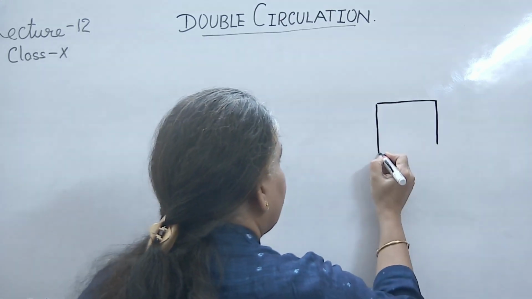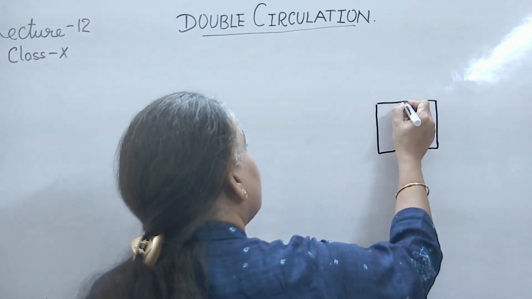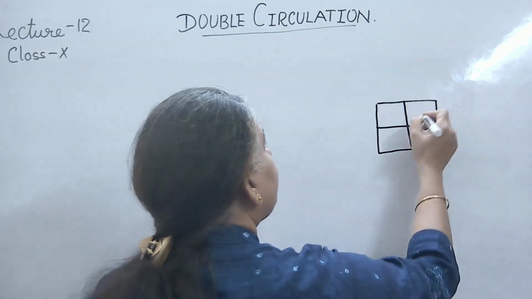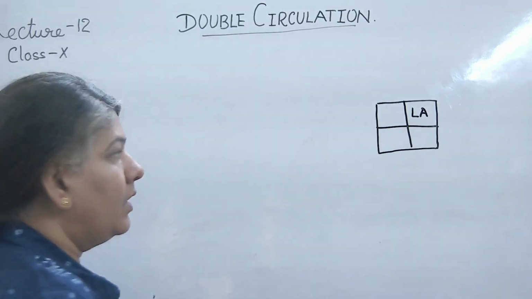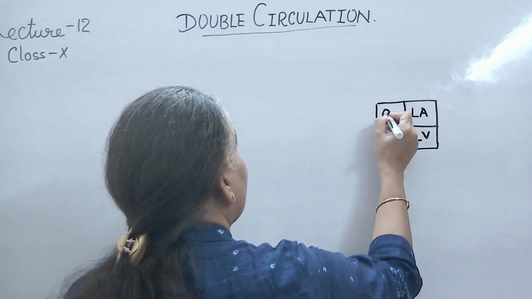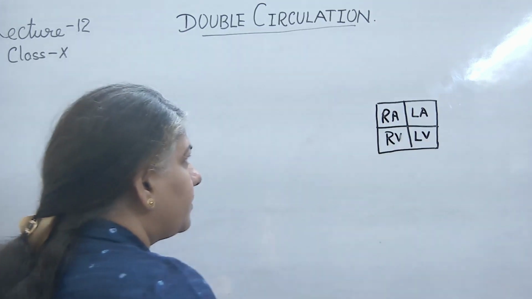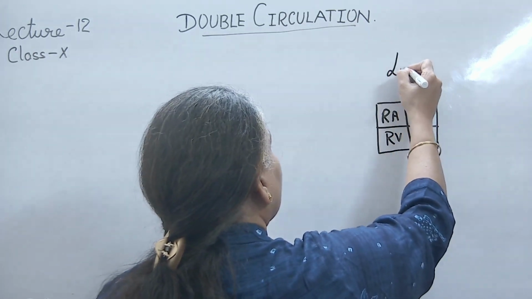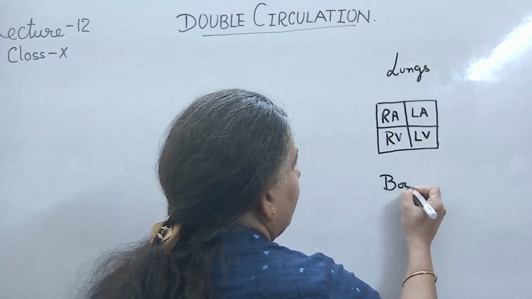So this is a schematic diagram to understand both the circulations. This is left side. So you write down left atrium or left auricle, left ventricle, right atrium, right ventricle. Okay, let's see. Lungs and remaining body parts.